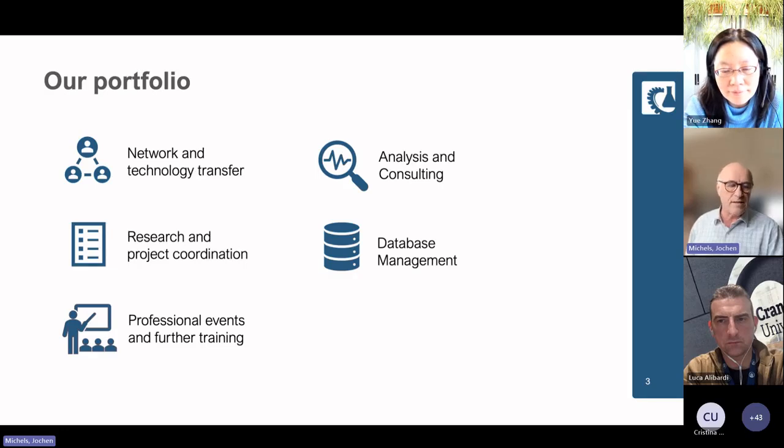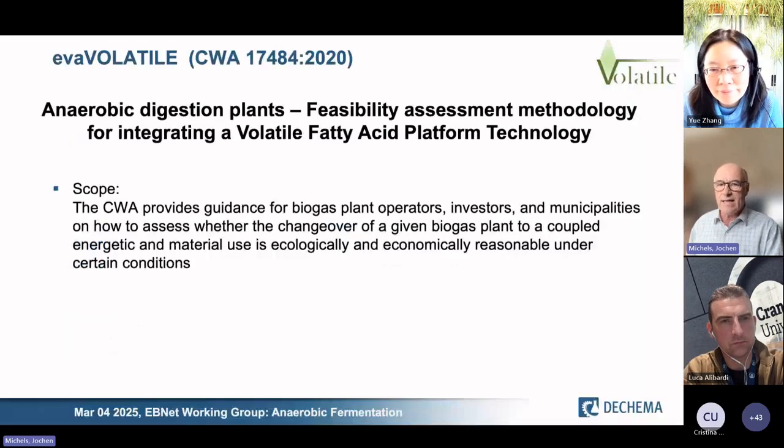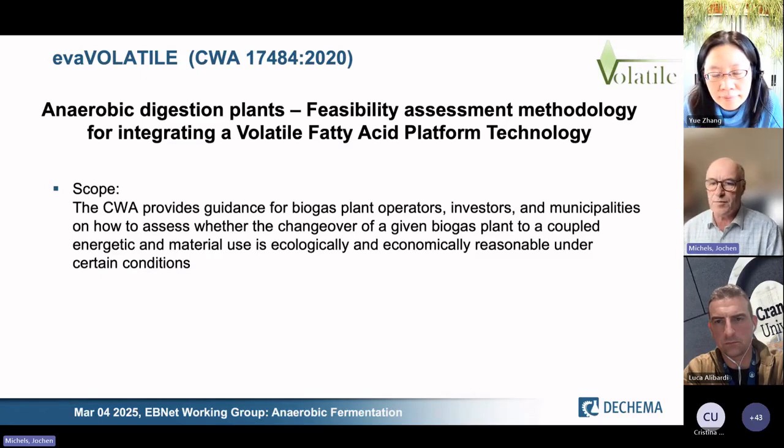In Volatile, we have a part of dissemination here, and the CWA is an instrument for bringing results to decision makers, to plant operators, to investors, and also to municipalities.